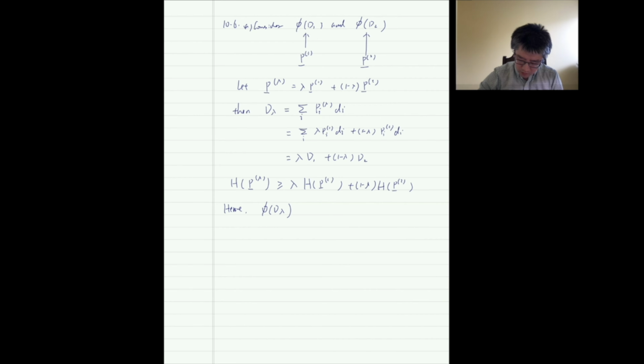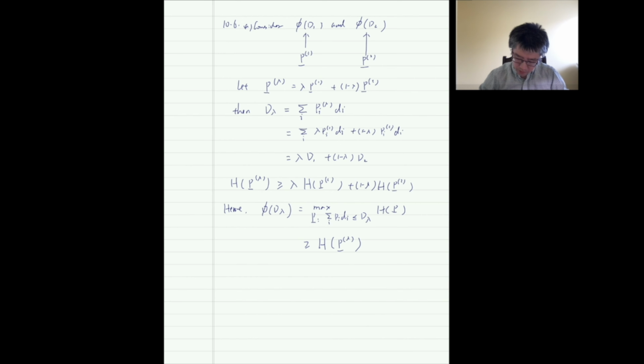So phi d lambda is defined as follows, right? The maximization over p such that the sum of p i d i is less than or equal to d lambda of H(p). And then we know that this is bigger than or equal to H(p lambda), because this is just one p, which may not maximize this guy.